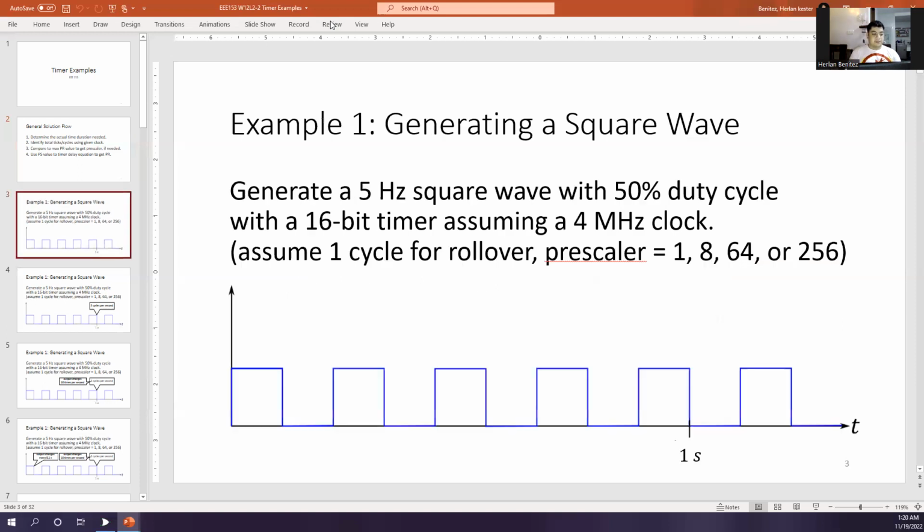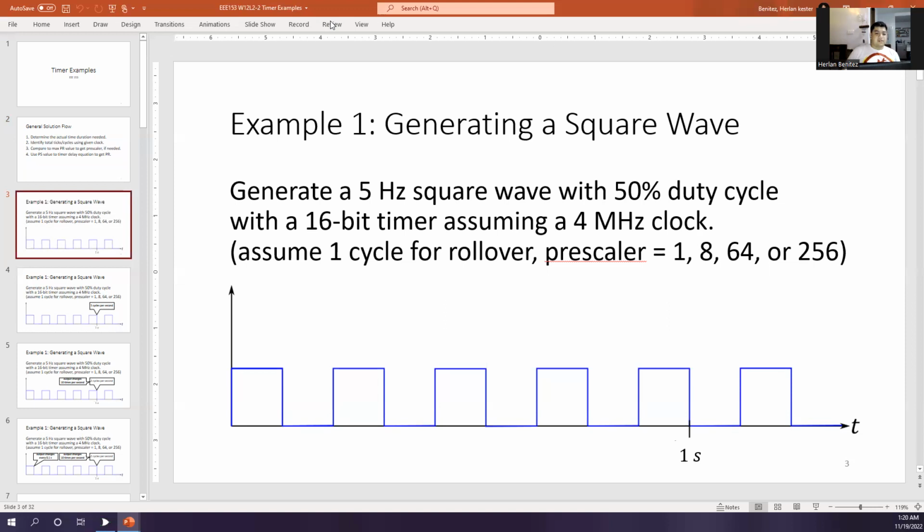So, first example, we want to generate a 5 hertz square wave with 50 percent duty cycle, with a 16-bit timer assuming a 4 megahertz clock. So, assume one cycle for rollover, tsaka yung available na lang na prescalers is 1 to 1, 1 to 8, 1 to 64, tsaka 1 to 256.